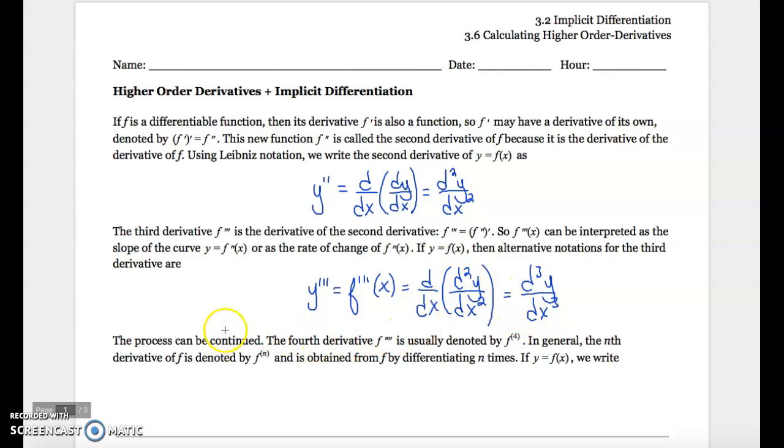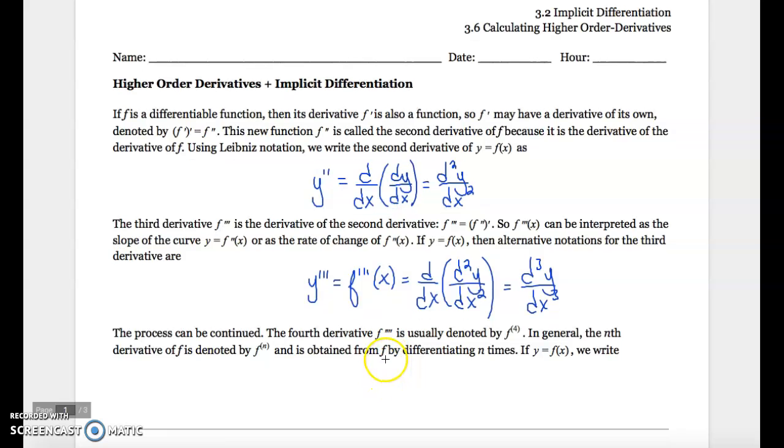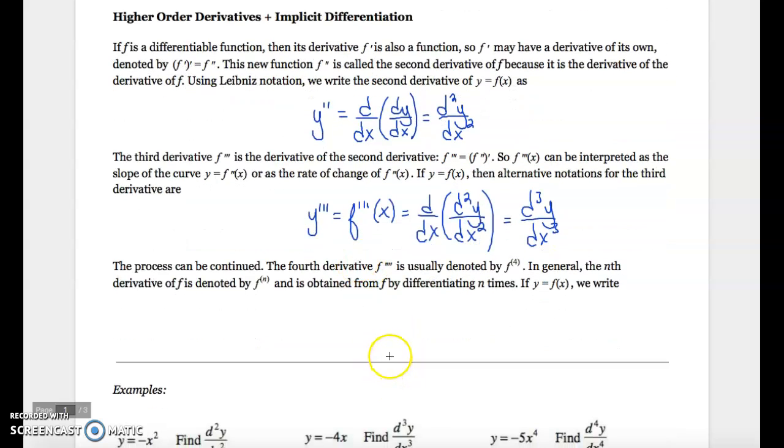And the process can be continued, so on and so forth. Your fourth derivative would have 4 apostrophes, but after 3 we usually start writing them as f to the fourth, f to the fifth. In general, you would say f to the n like that, and that would be the nth derivative. So you could do the 100th derivative, or the 1200th derivative, or the 10 billionth derivative.